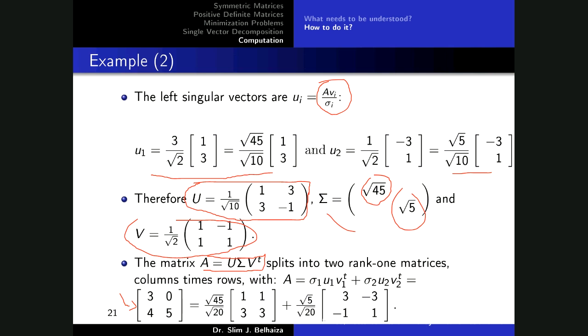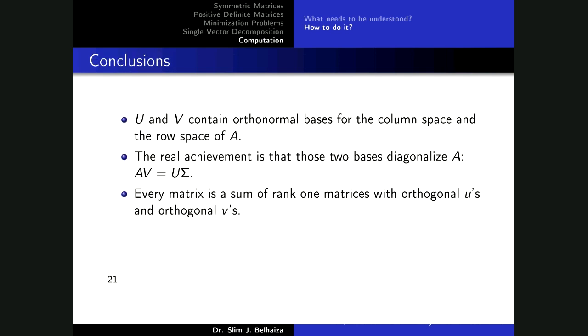So let's conclude with some observations. First of all, you could observe that U and V contain orthonormal bases of the column space and the row space of A. And more than this, the achievement here is that the two bases diagonalize A, in a way that A V equals U sigma.